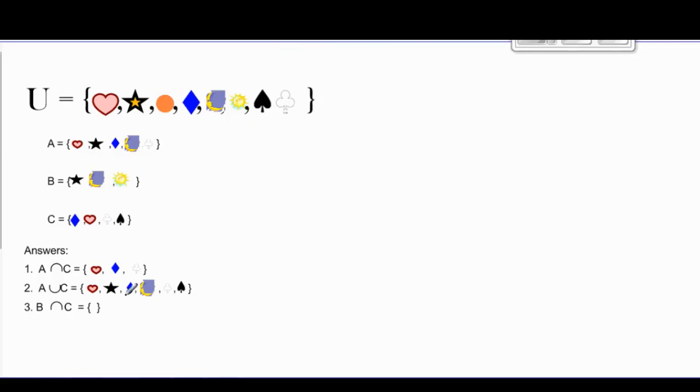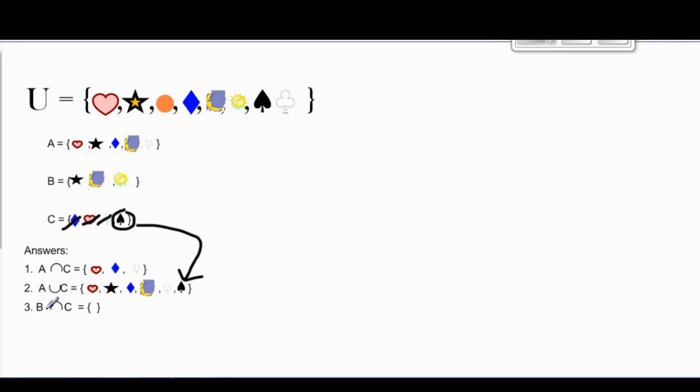This is how I usually do it. We've already put diamond. We've already put heart. We don't want to be redundant and put it again. We've already put club, but we have not put spade. So we're going to just tag spade on the end of that one.